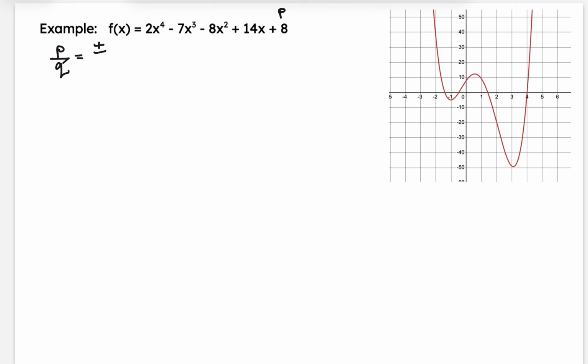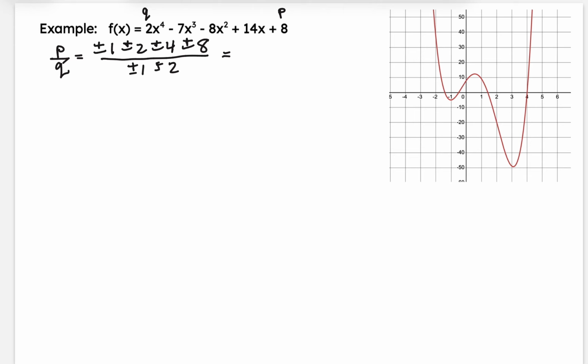We could do 1 and 8, 2 and 4. I like to put them in order. You don't have to put them in order, but we have 1 and 8, 2 and 4. Those are our factors of 8. And then our q is 2. So we think about what are our factors of 2. So that would be 1 and 2.